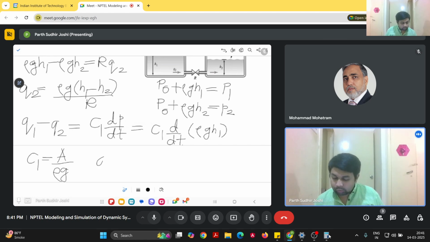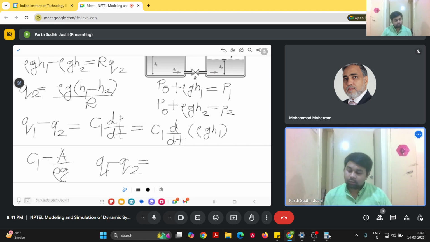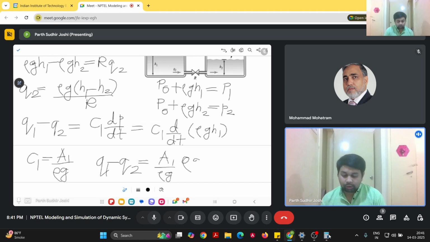Therefore Q1 minus Q2 will be, with the cross-sectional area of the first container A1, A1 by rho g, where rho g comes outside the differentiation, into dH1 by dt.